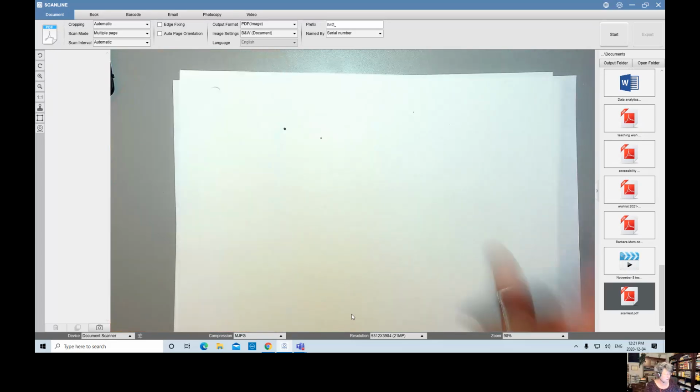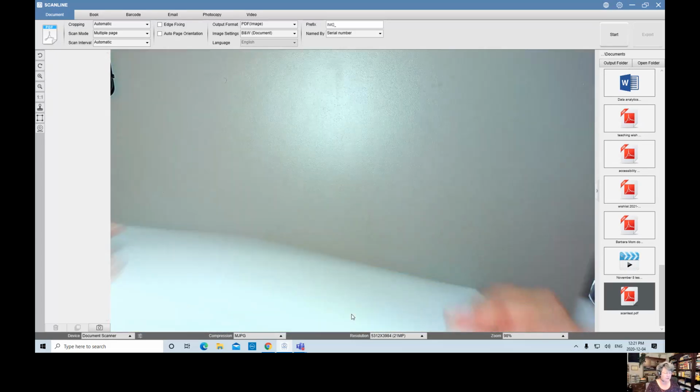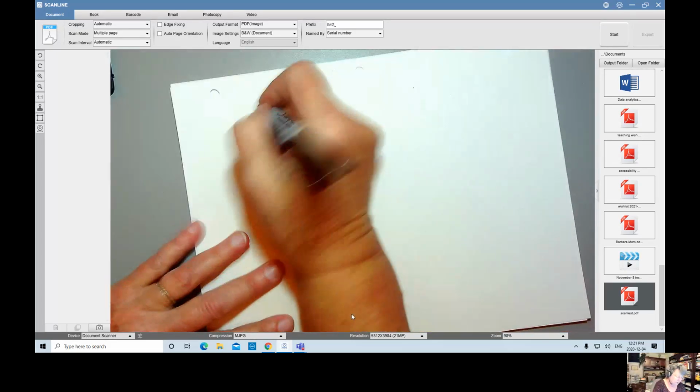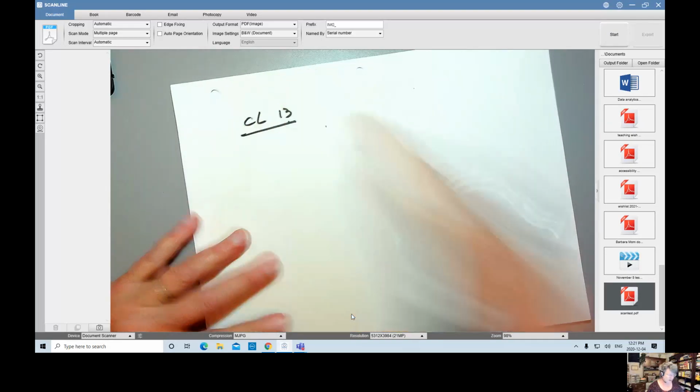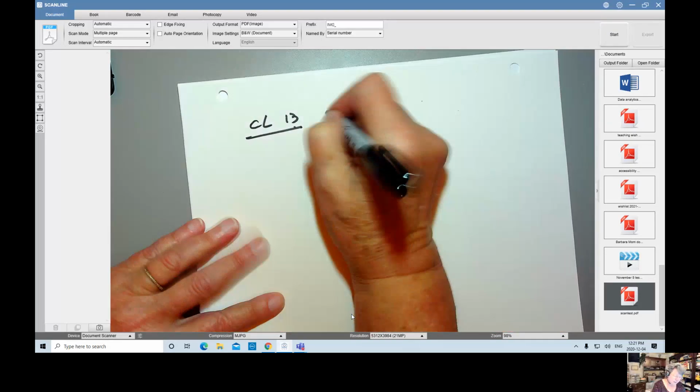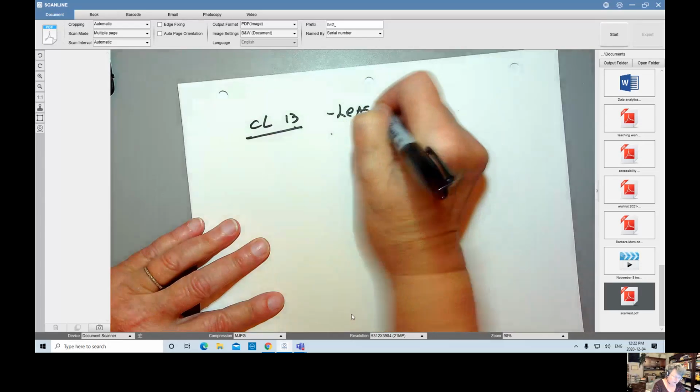Then straight line classes in general, we mentioned class 14. The other one is class 13, the other major straight line class, and that's for leasehold improvements.